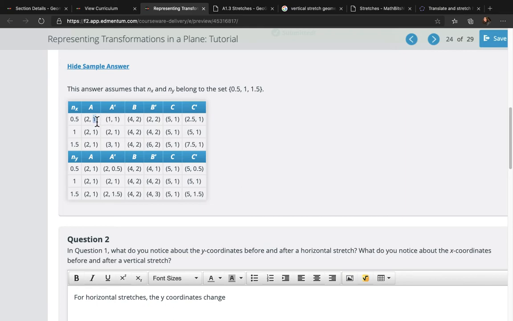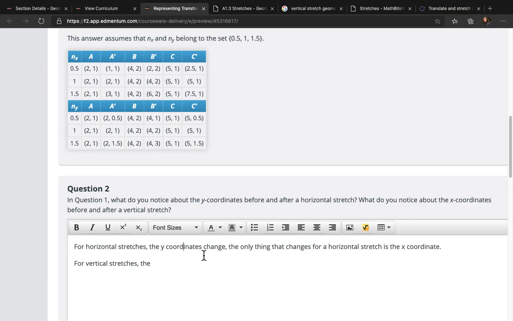If you compare A to A prime, the y coordinates are the same. If you compare your pre-image B to your image B, your y coordinates stay the same. For horizontal stretches, the y coordinates don't change. The only thing that changes for a horizontal stretch is the x coordinate.